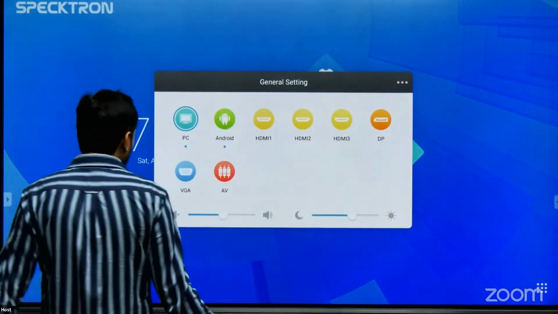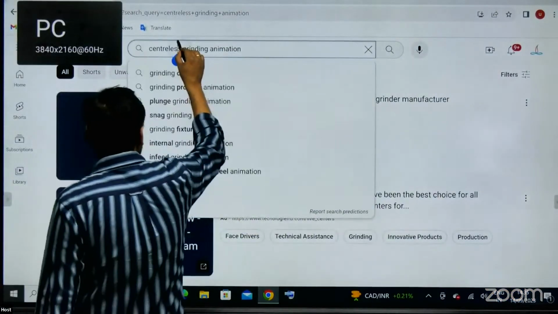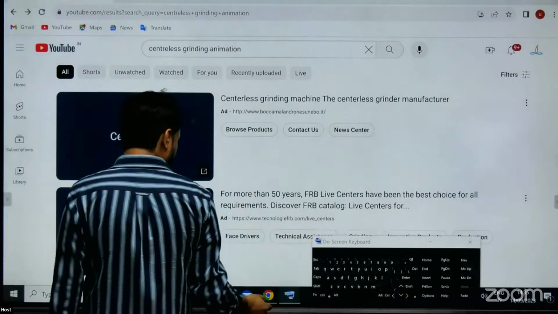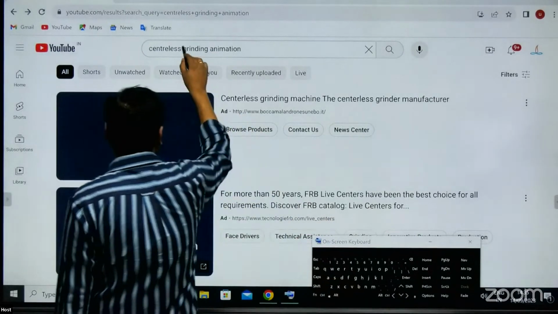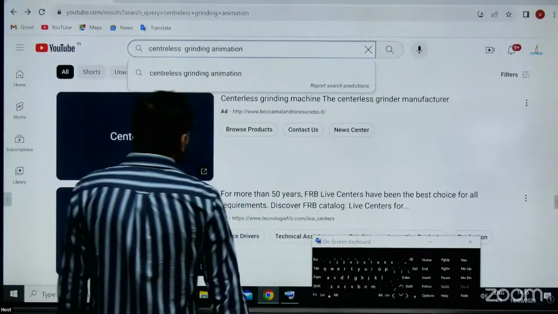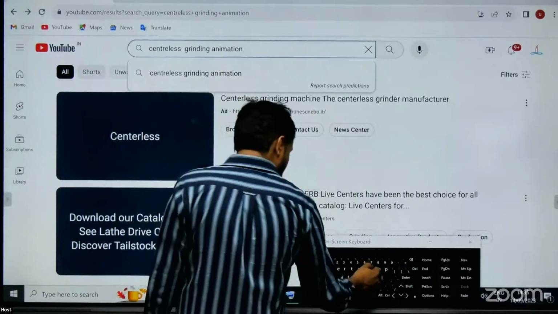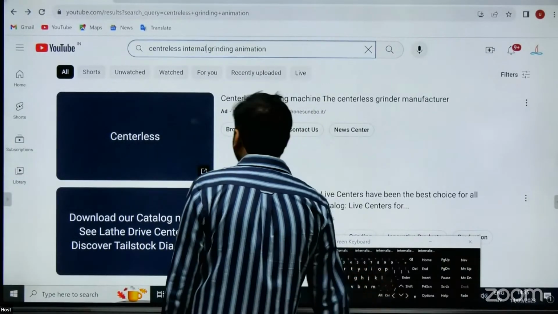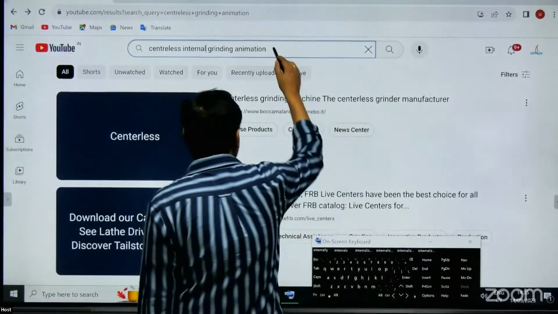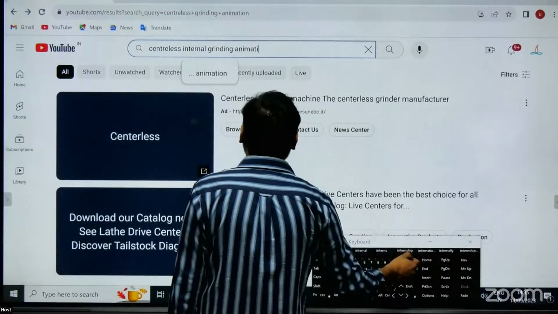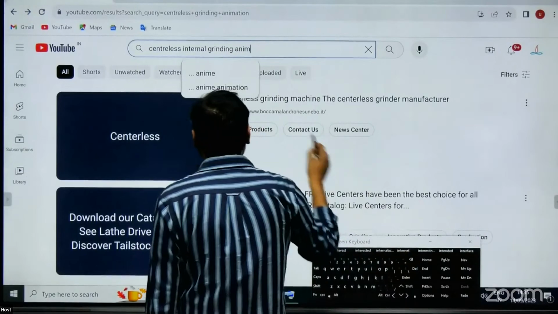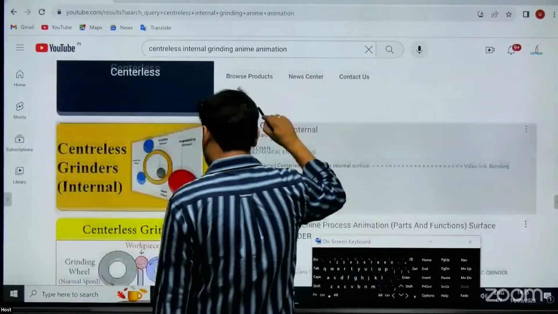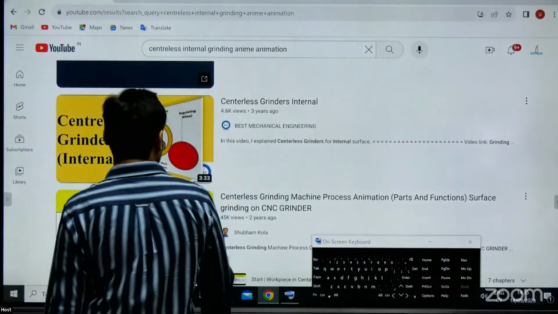Let me check if something is available for us over here, so it will become much better. Yeah, I think it is there.